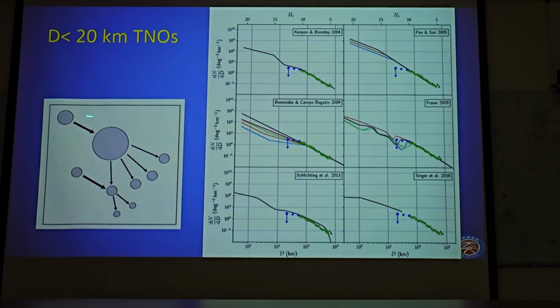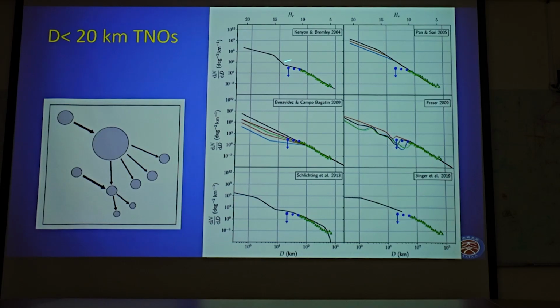As you can see, during the process, a small object can break a larger object, and then there will be a cascade process, which depends on the material strength, and also the relative velocity and how the objects were distributed and how their orbits were distributed.